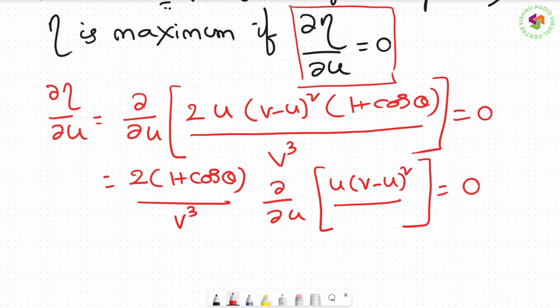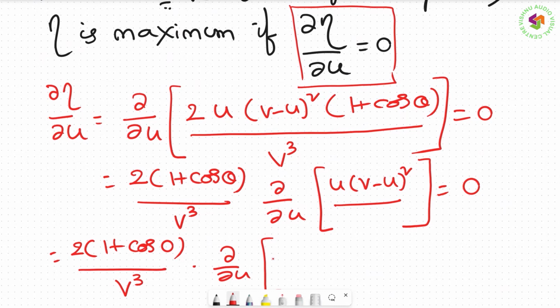Now if I expand it, it is 2 into 1 plus cos theta by V cube into dou by dou u of V square plus u square minus 2Vu, is equal to 0.